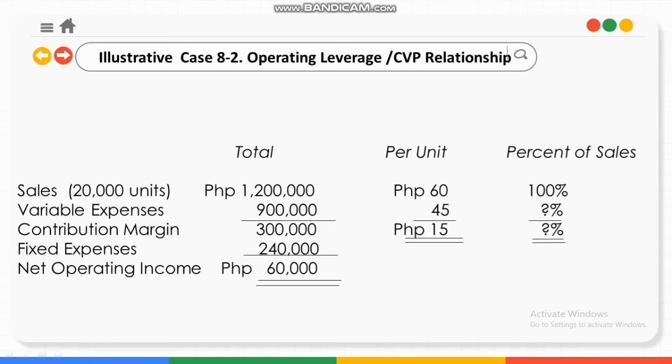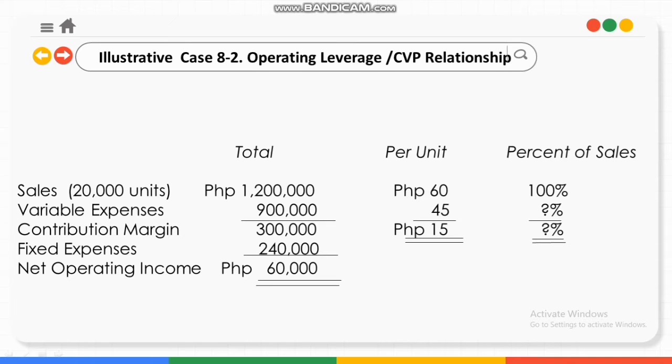So, 1,200,000 pesos minus 900,000 pesos, makukuha natin yung contribution margin na 300,000 pesos. Tapos, ang fixed expenses is 240,000 pesos. Contribution margin minus fixed expenses is equals to net operating income. 300 minus 240 is 60,000 pesos.